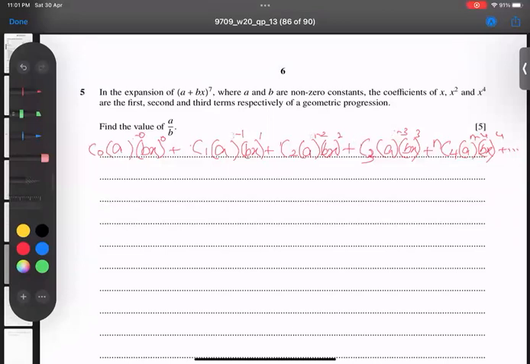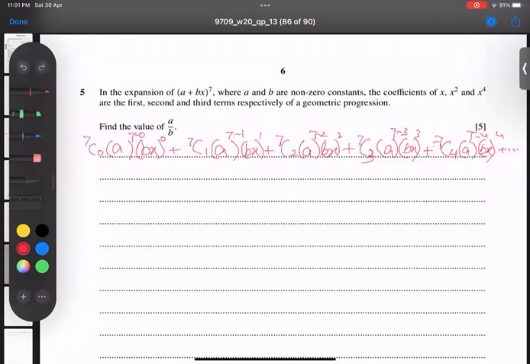So n's value is 7. So I'm writing now 7C0, 7C1, 7C2, 7C3, 7C4. Here 7 minus 0, here 7 minus 1, here 7 minus 2, 7 minus 3, and 7 minus 4. And 7C0 is 1. Something to power 0 is 1.